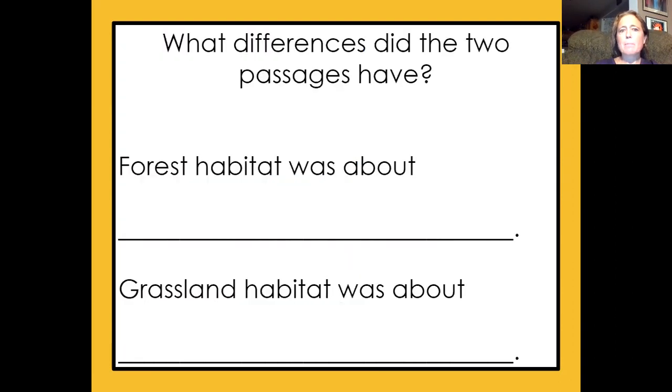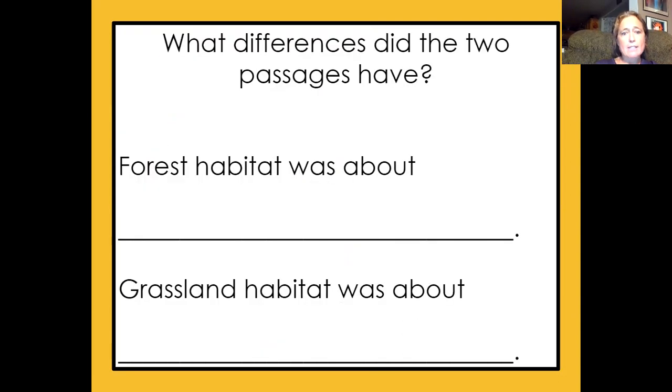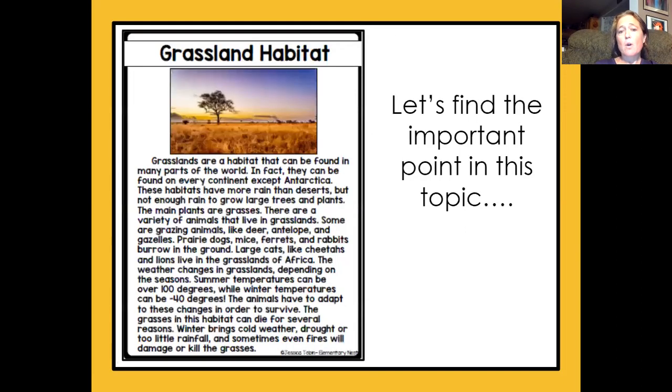So if I think about these two, Forest Habitat was all about temperate forests, which means that the temperatures average between 50 and 70 degrees. Whereas the Grassland Habitat was all about grasslands, which have temperatures from 100 degrees to negative 40 degrees. So the temperatures in each of these is a big way that they're different.